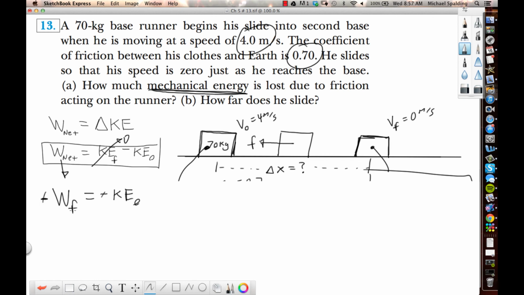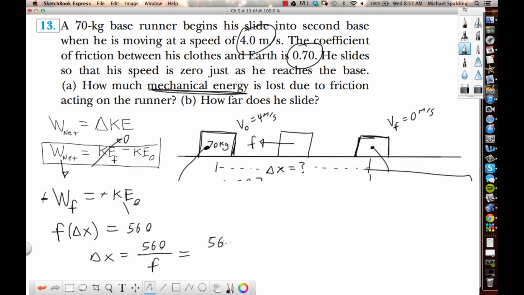The negatives drop out. So what is our basic work equation? Force times displacement. Now kinetic initial was 560. So look, we're almost done here. The delta x is going to be 560 over friction.